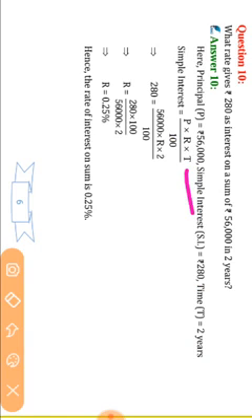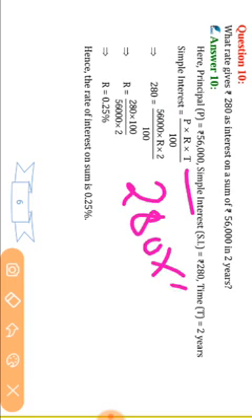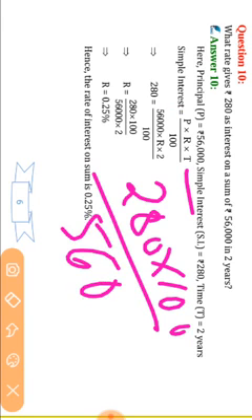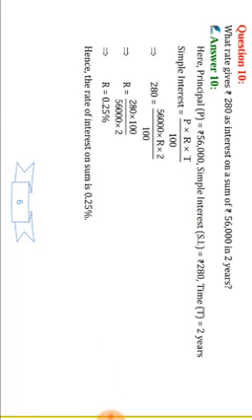So substitute: simple interest is 280, principal 5,600, and rate of interest we don't know, we have to calculate. So one by one we have to transfer that side. So 280 into 100, because it is in division, and 5600 into 2 is in the numerator. If you bring this side, it becomes the denominator. If you simplify all this, 0.25%. Hence the rate of interest is 0.25%.